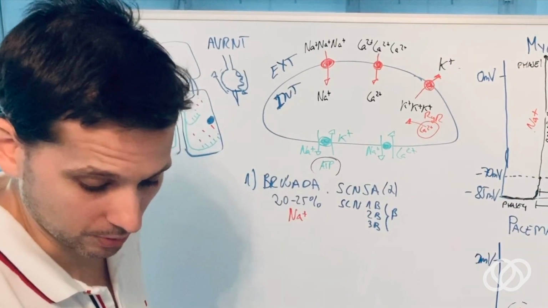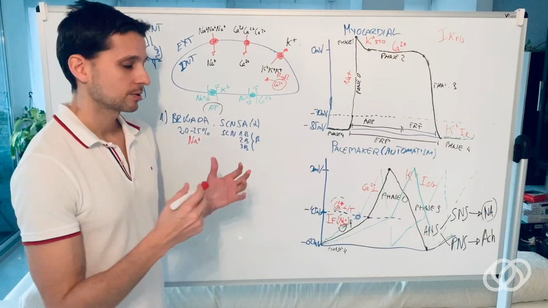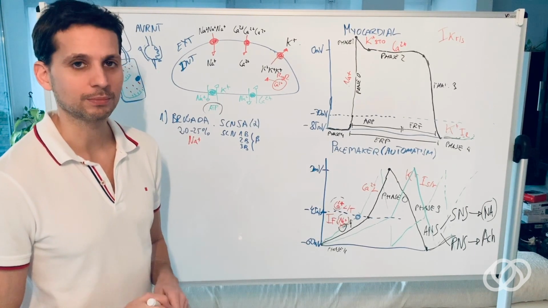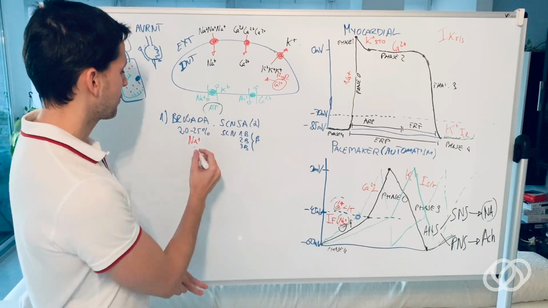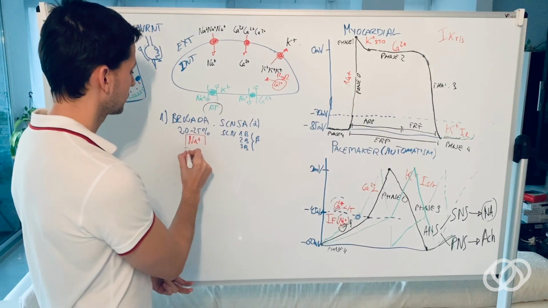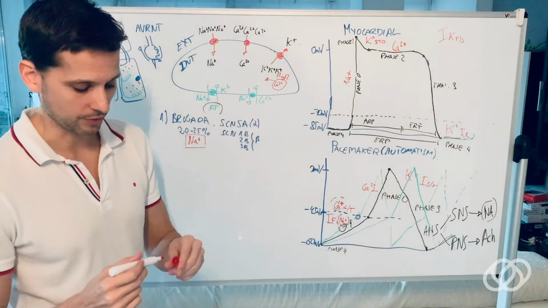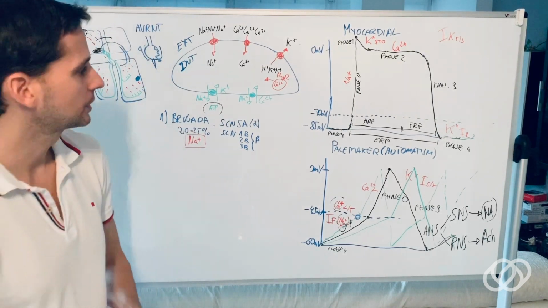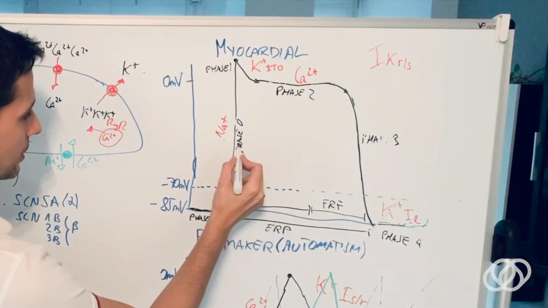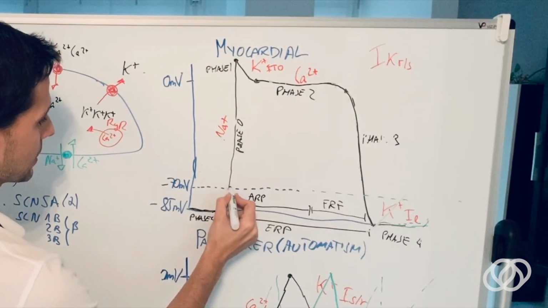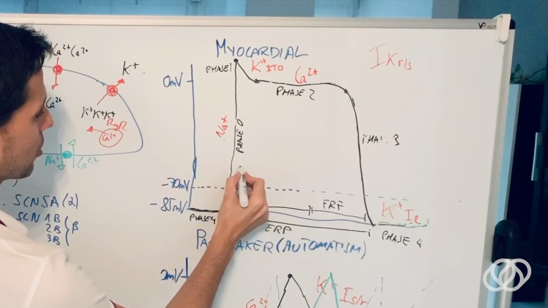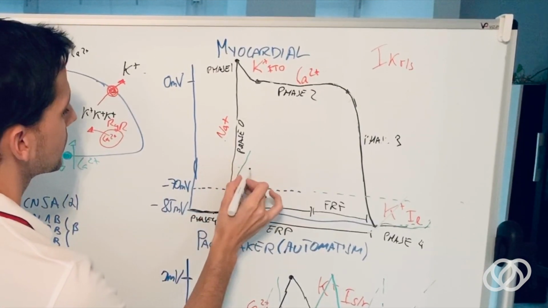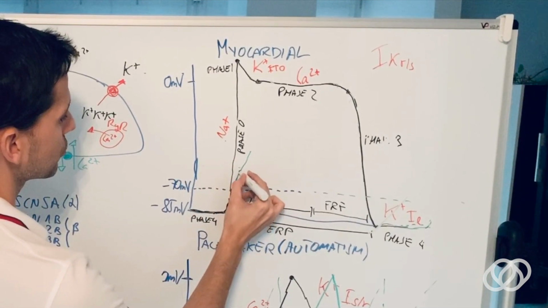So what happens here in the Brugada syndrome is that only some cells, usually located in the outflow tract of the right ventricle, have an impaired function of this sodium channel. So when they open and they start the action potential in phase 0, they start opening but very slowly, so the slope is smaller than usual.